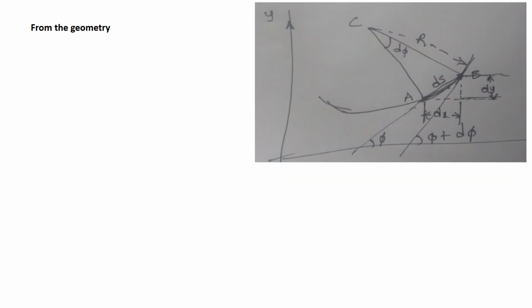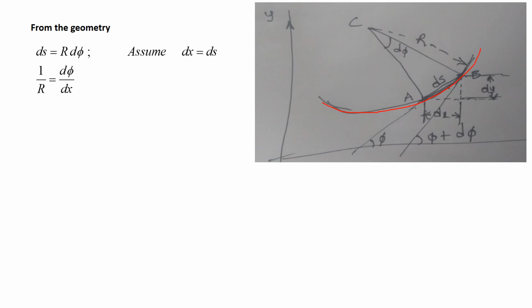Similarly, from the simple theory of bending, we can say M by I is equal to E by R is equal to sigma by y. Suppose when the beam is subjected to loads, it may bend like this. So this is the bending.